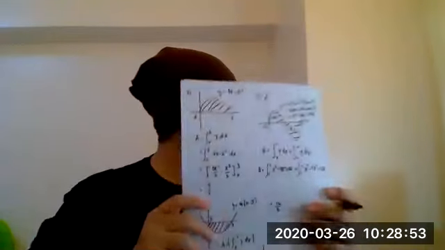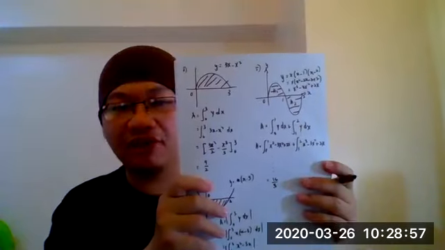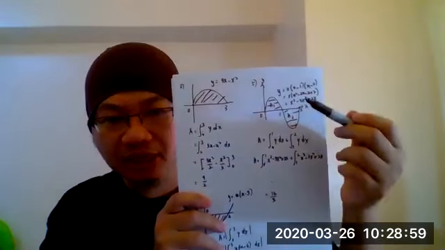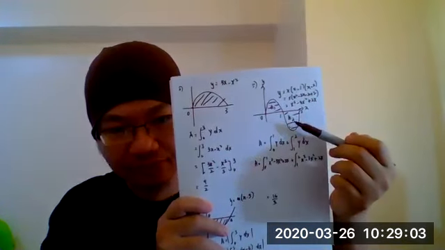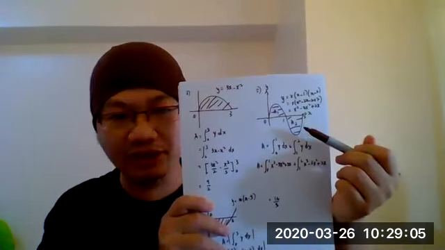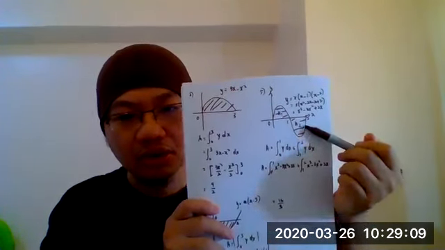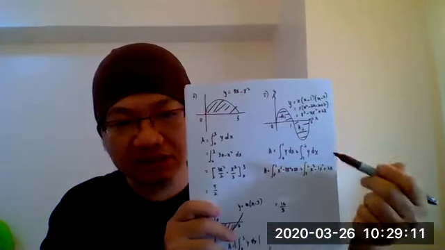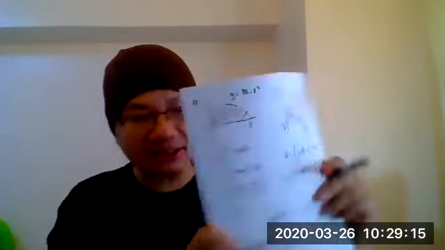Alright, so let's skip number 5. I believe everyone understands. But don't forget, please double check that the A2 answer is negative because it is located on the fourth quadrant. So if this answer is negative, we need to put the modulus from the start until the end of the calculation.